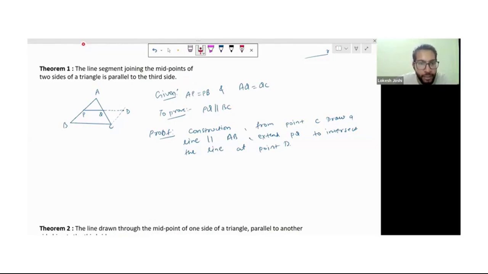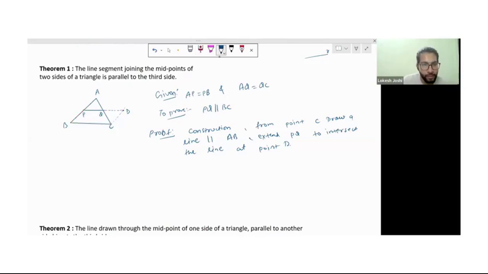So for that, we can consider the triangles AQP and CQD. Why? Because if these two triangles are congruent, then from CPCT we can derive some new things which will help us to prove that this figure is a parallelogram. Theoretically it seems very large, so let me solve this.